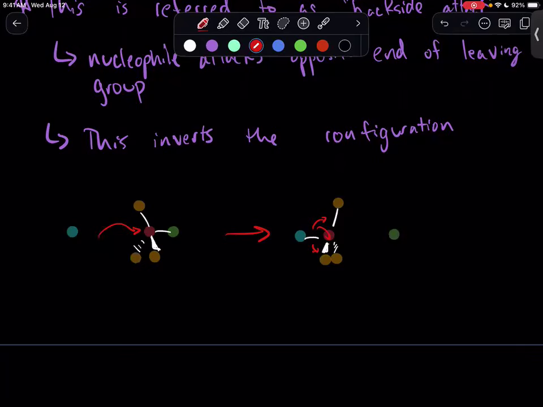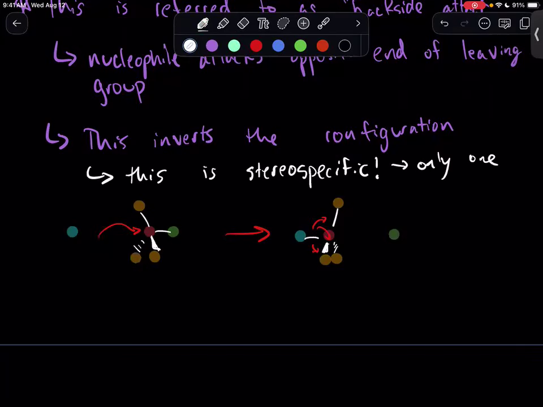And because inverse configuration occurs like this, we call it stereospecific, meaning only one isomer. And because we're talking about carbons and those isomers, we're specifically talking about optical isomers or chirality around the central carbon. It's always going to be that way.